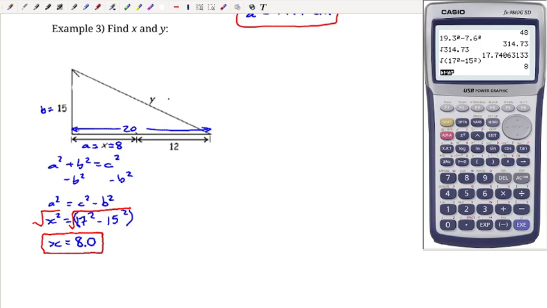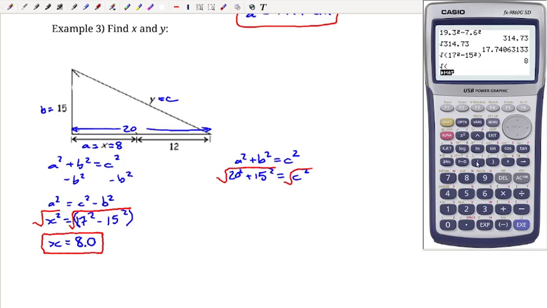So when I'm looking for y in this triangle, it is going to be c, and I'm thinking, okay, a squared plus b squared equals c squared. I've already got c by itself, so I don't want to do the subtraction this time. I'm just going to plug in my numbers for a and b right away. So 20 squared plus 15 squared equals c squared, and I'm going to square root that to get my answer straight off the bat. Again, put parentheses around your 20 squared plus 15 squared.